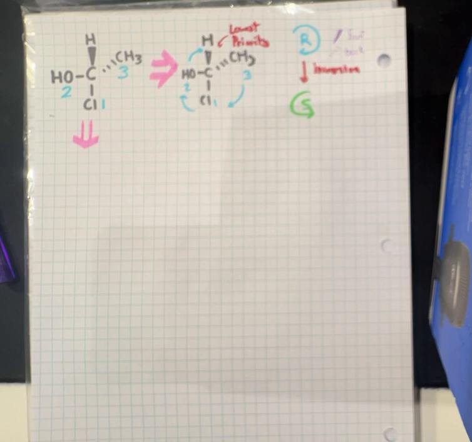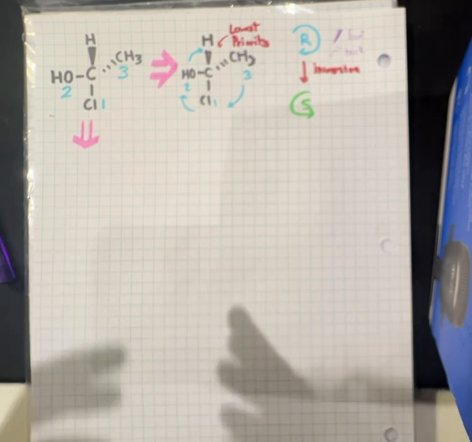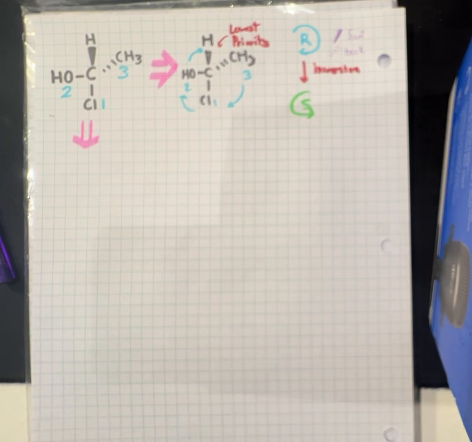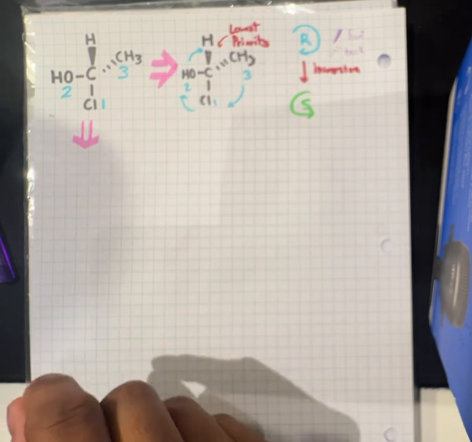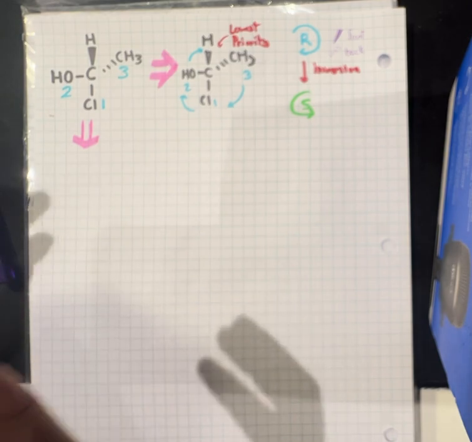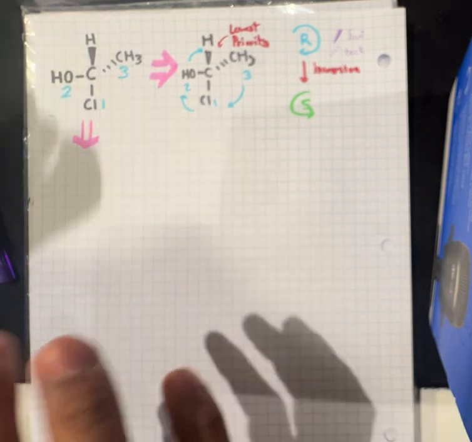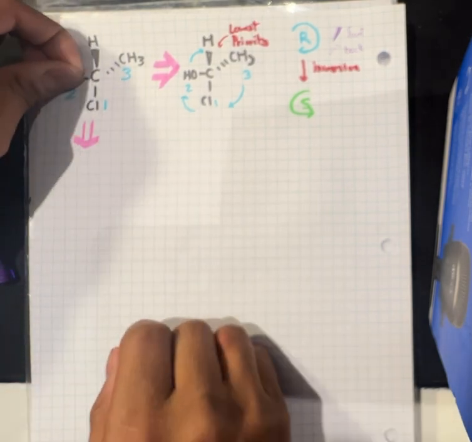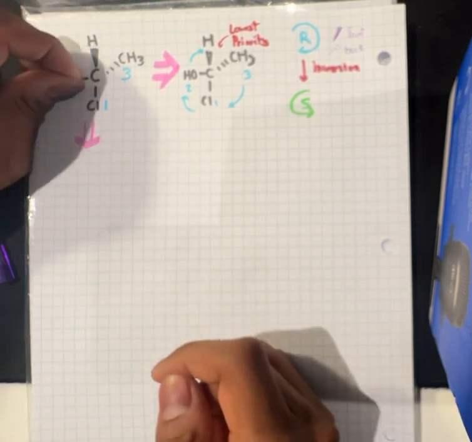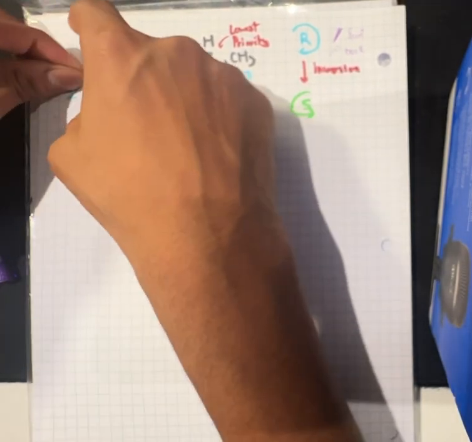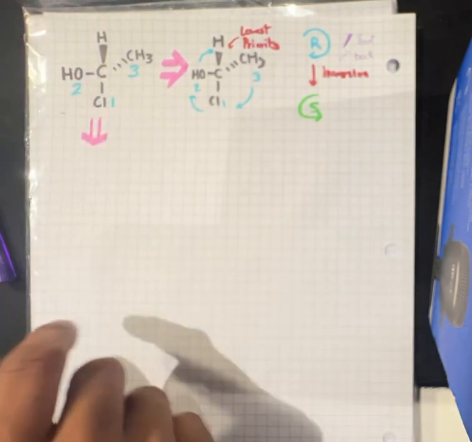The other way to attempt this is to actually rotate the molecule so that the lowest priority group is in the back. We can do that by simply grabbing one substituent that's in the plane and holding it still. We then twist the molecule so that the substituents rearrange.